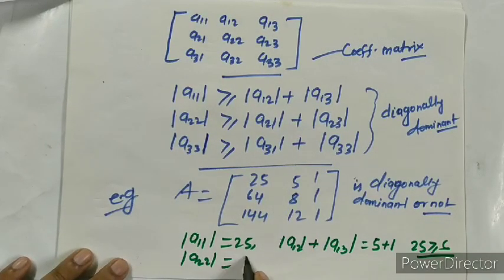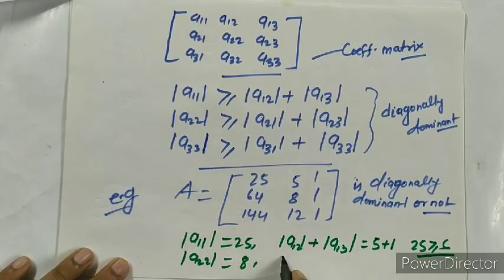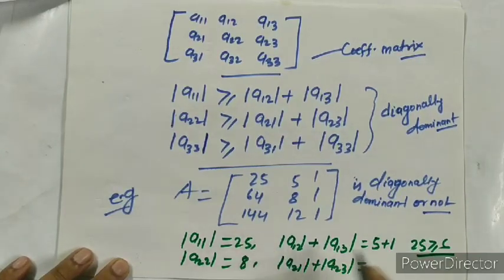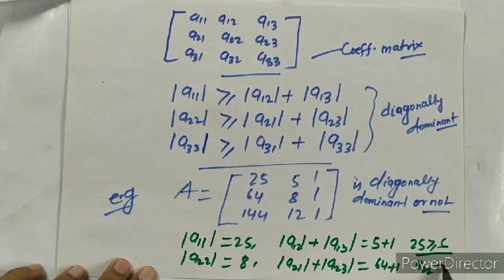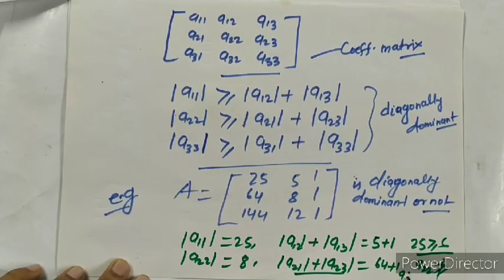Similarly for A22, this one is 8, and A21 plus A23 is 64 plus 1. So clearly this will not hold, that is, A22 is not greater than or equal to A21 plus A23.